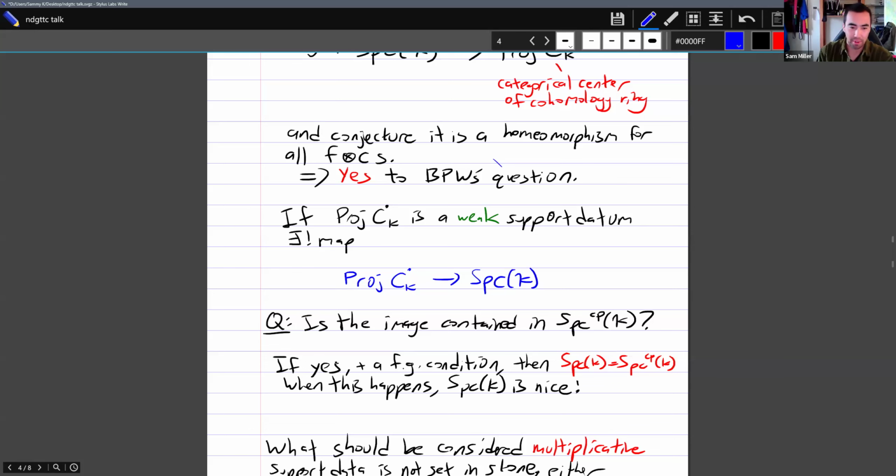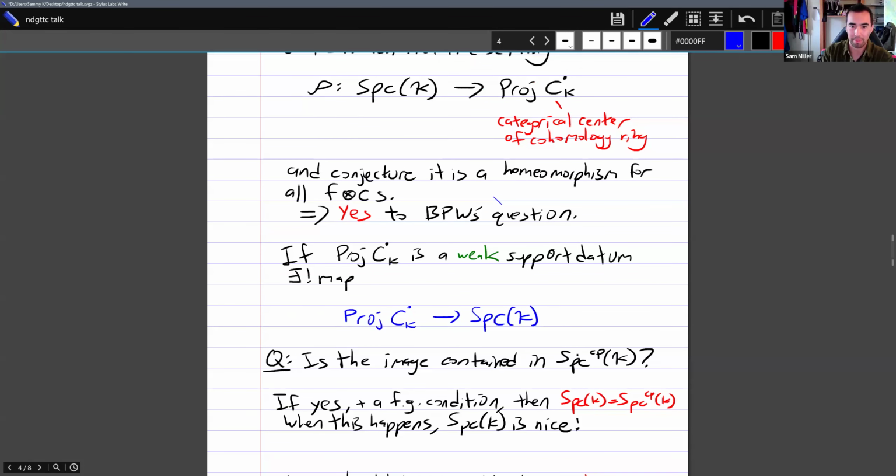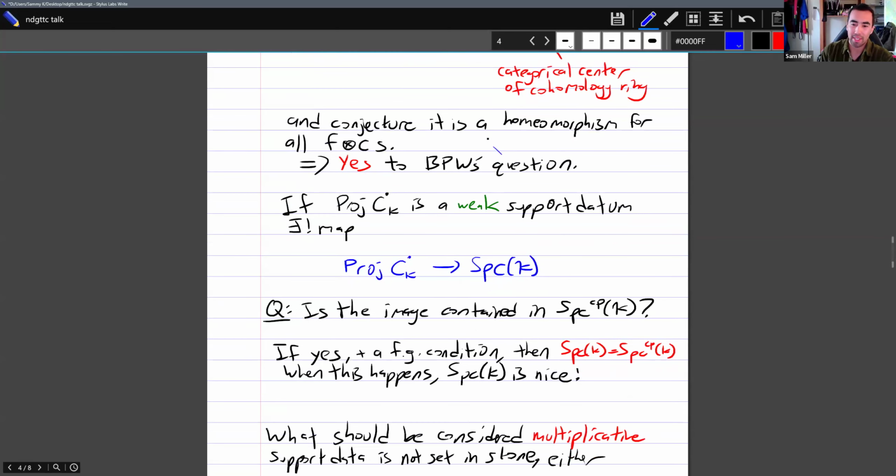And so if this does hold, and you have some finite generation conditions, plus this being surjective as well, then this implies that every prime is completely prime. And so whenever this condition holds, then our spectrum ends up actually playing very well. And I'll talk about that in a bit.